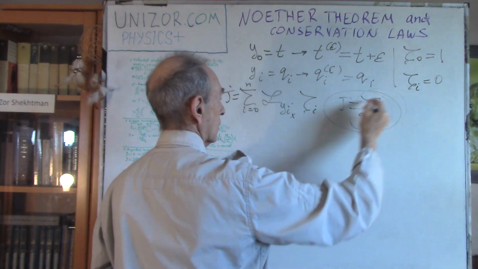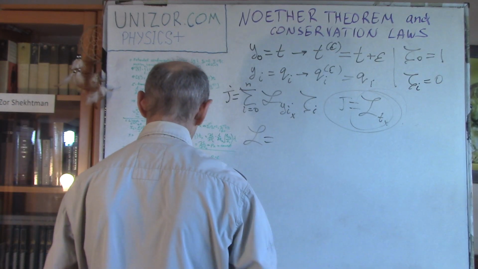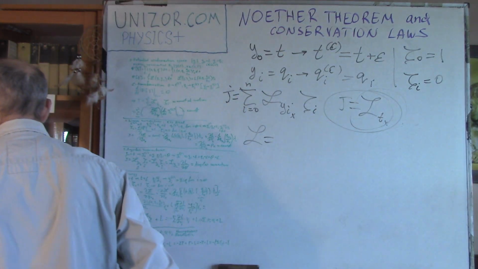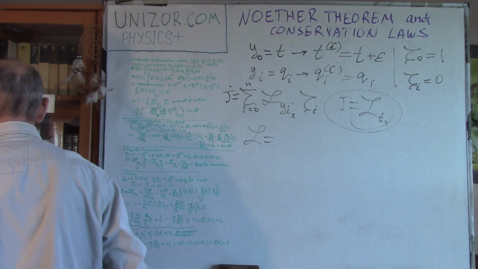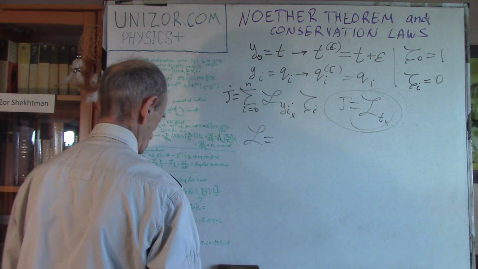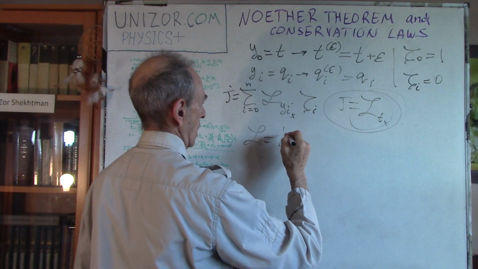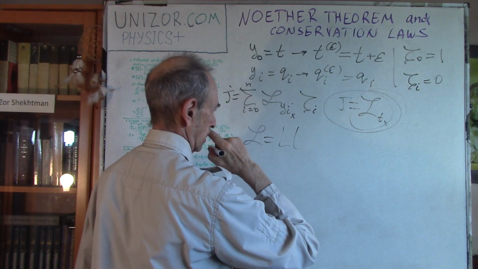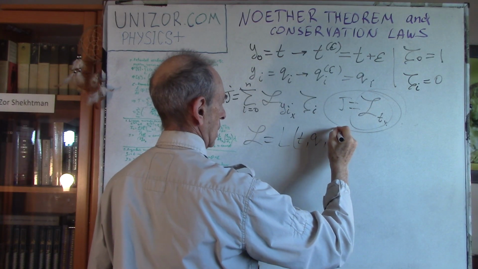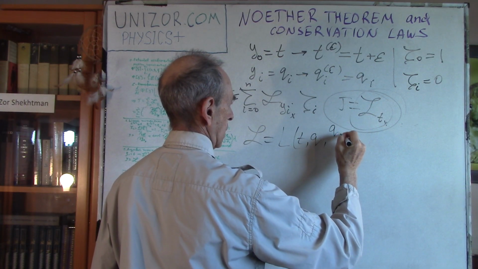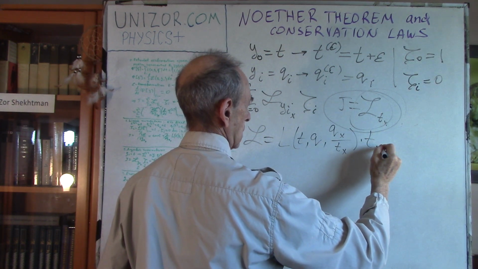Well, let's now calculate the whole thing, again remembering that the extended L is equal to L of t, q, and again qx divided by tx, times tx.